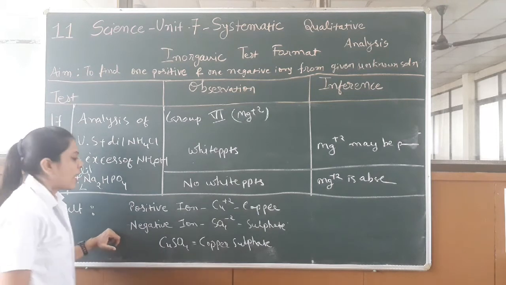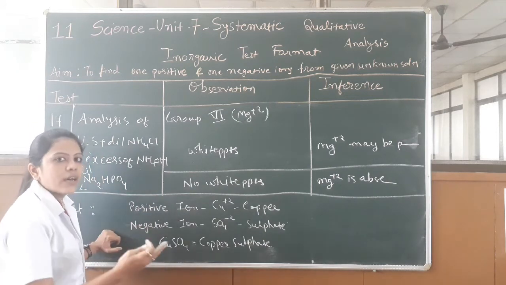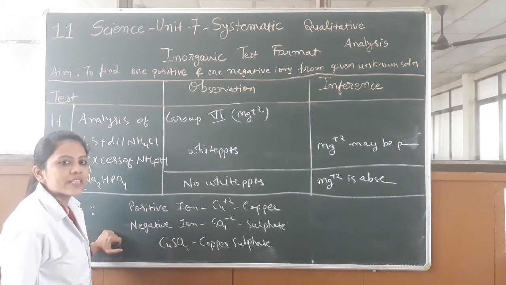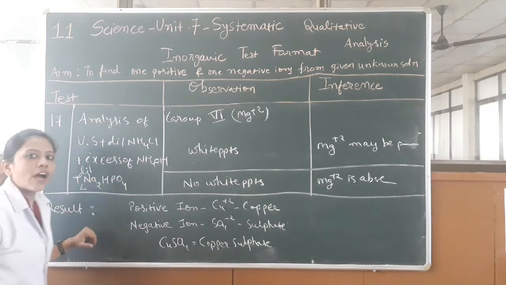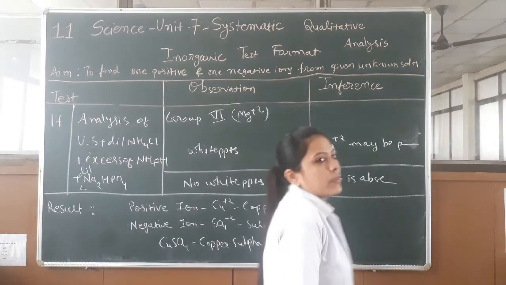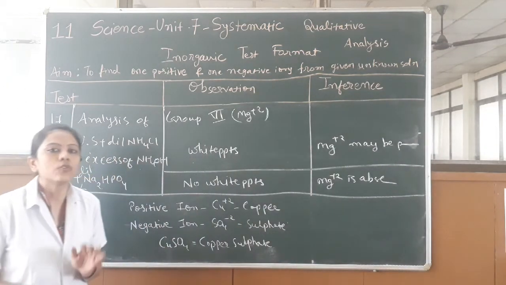First of all you have to find positive and negative, then color, odor, dry heating test, flame test and borax bead test. So in the next video I will perform the first practical, then you will understand how to do all these tests.